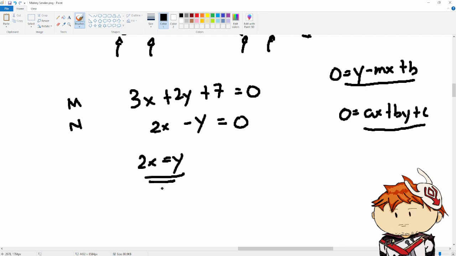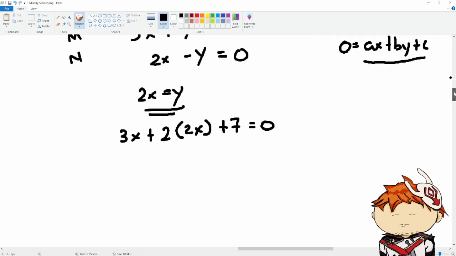So y is equal to 2x, so 3x plus 2x plus 7 is equal to 0. 5x plus 7... 7x is equal to negative 7.